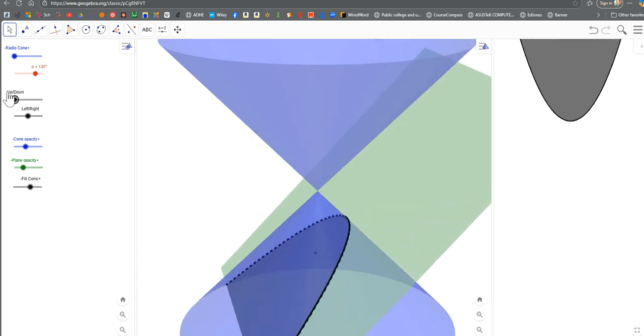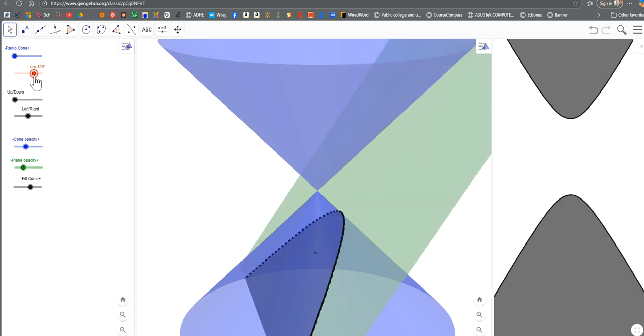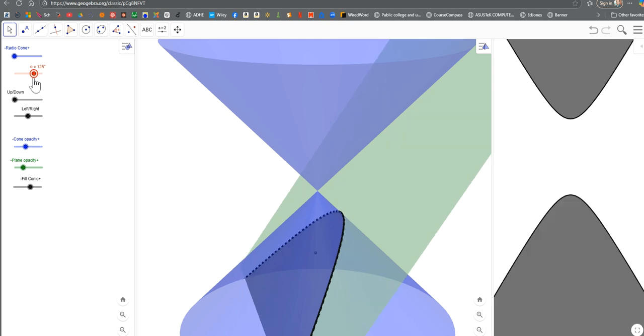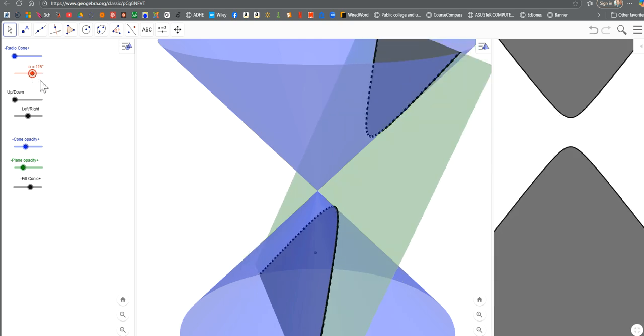Down here, it's intersecting the other part of the cone there. Okay, and if we tilt our plane a little bit more, it will actually intersect both parts of the cone, and we get a shape called a hyperbola.